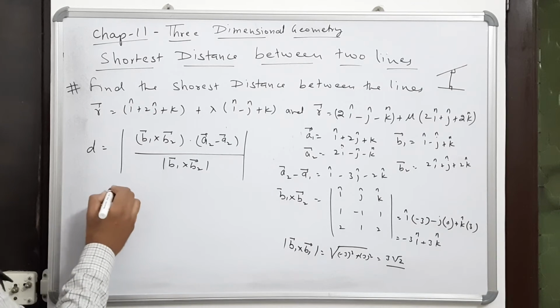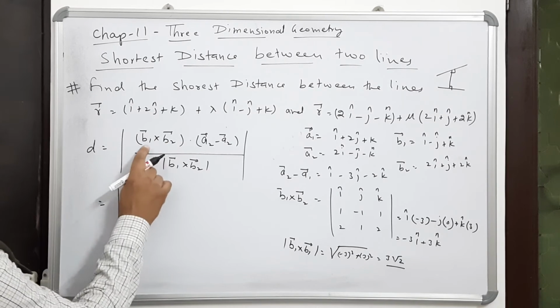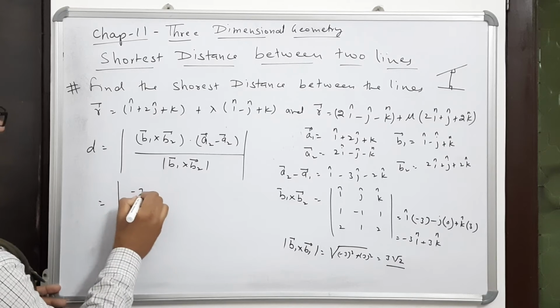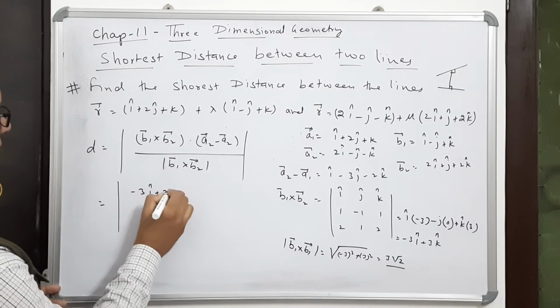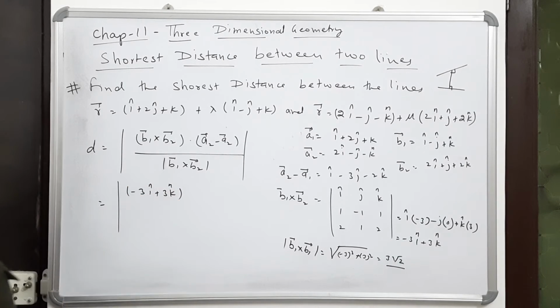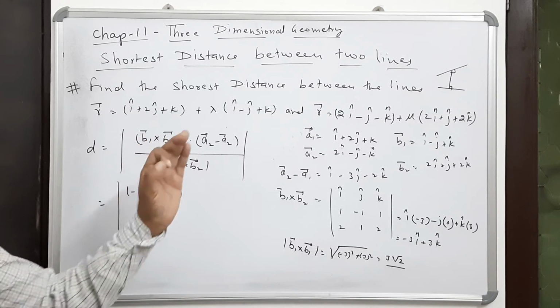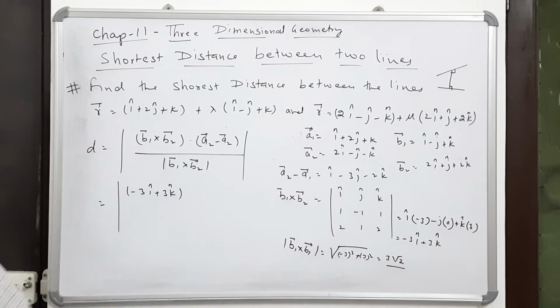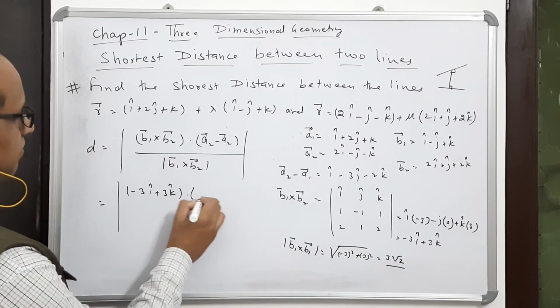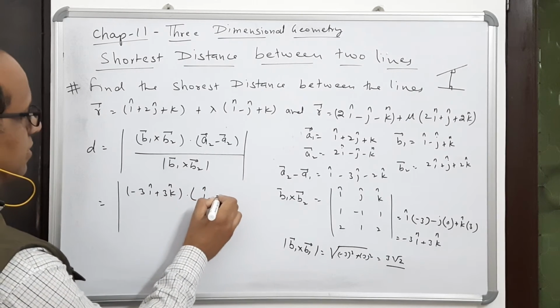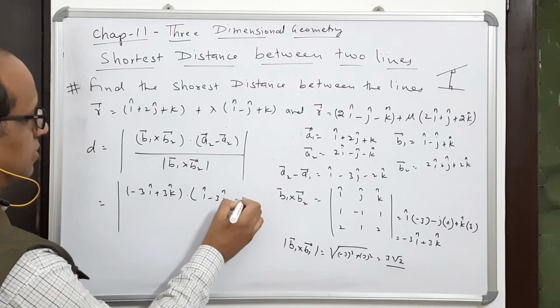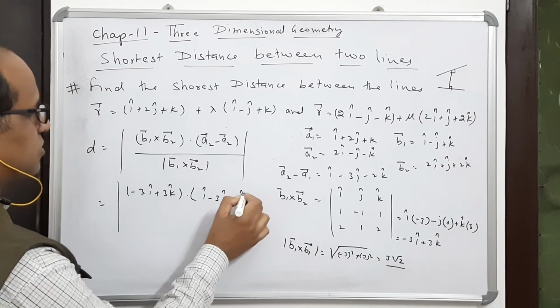Now coming to this part, here it is B cross A, so minus 3 i cap and 3 k cap. When you are writing these types of problems, be very careful. These are minor things, and sometimes when we are not careful, we put ourselves in trouble, and mistakes are committed by the student in this. The formula part is okay.